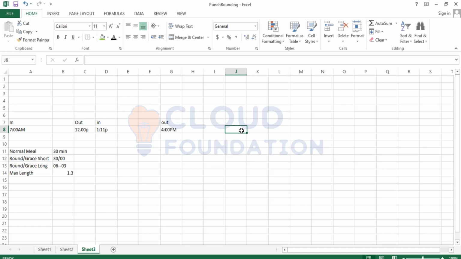I think the break comes down to 70 minutes, right? No. In this situation, the total break is 1 hour and 11 minutes. When you apply the rounding to it, since it's long, it rounds to 1:12.